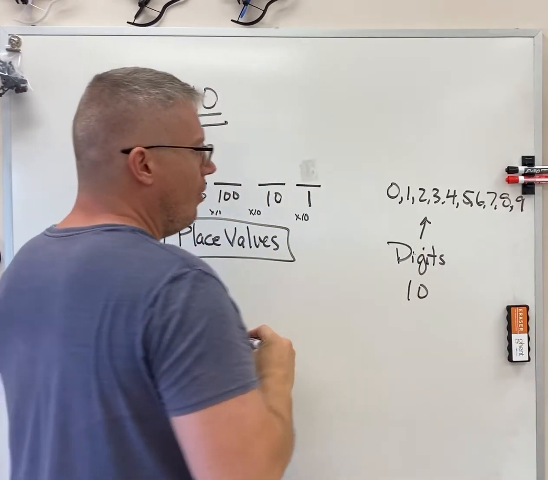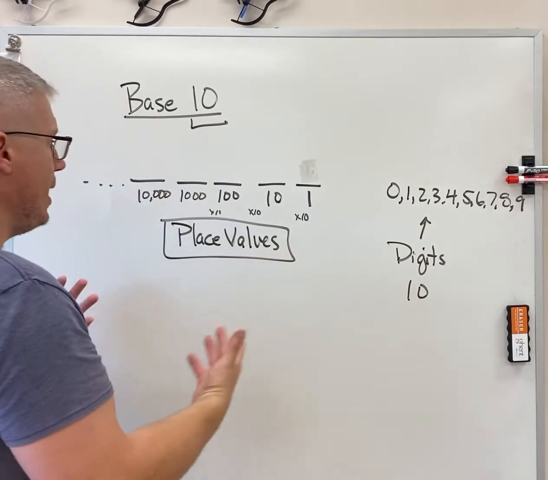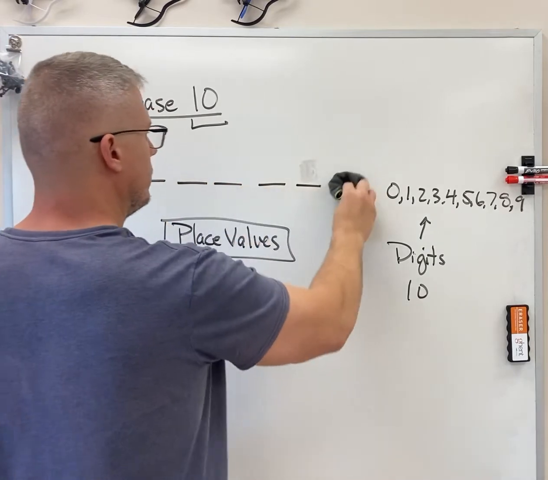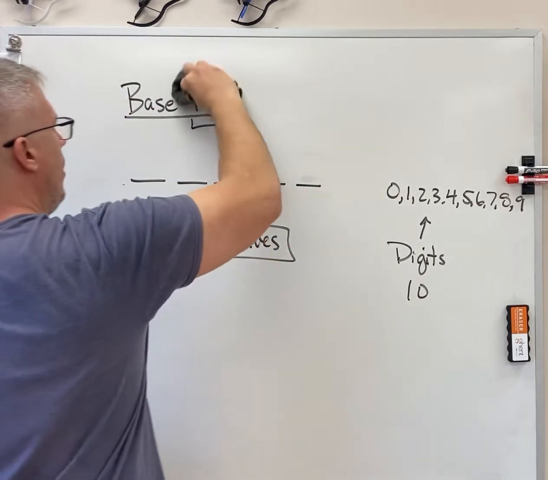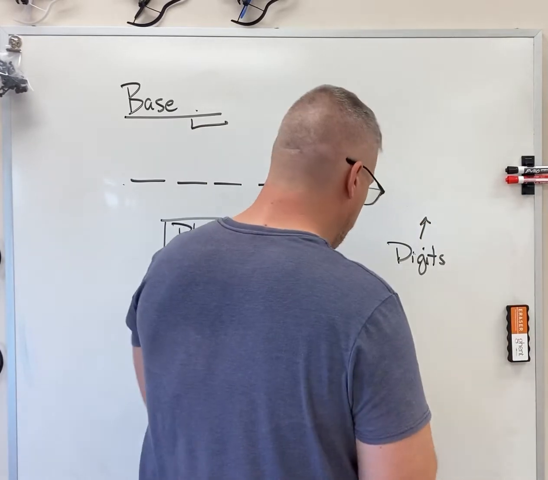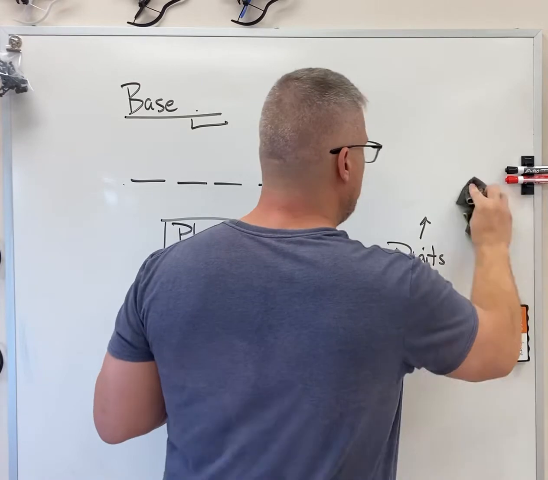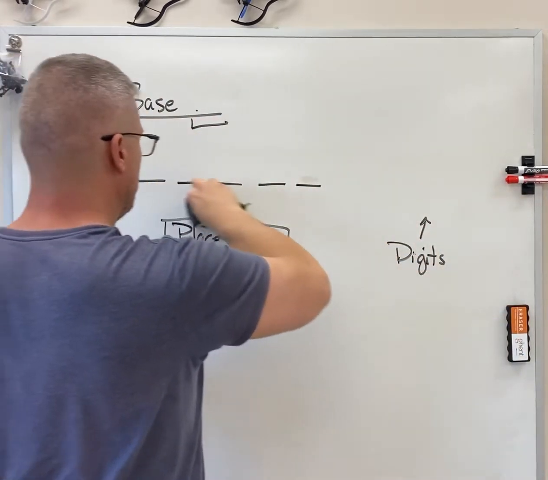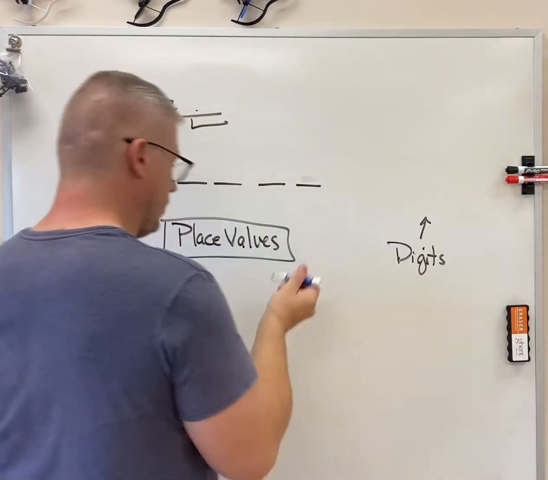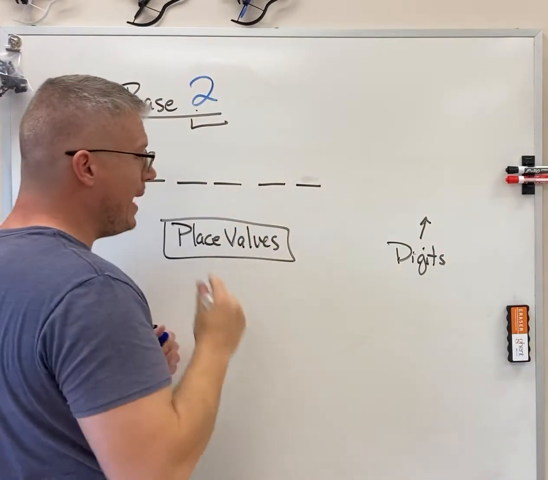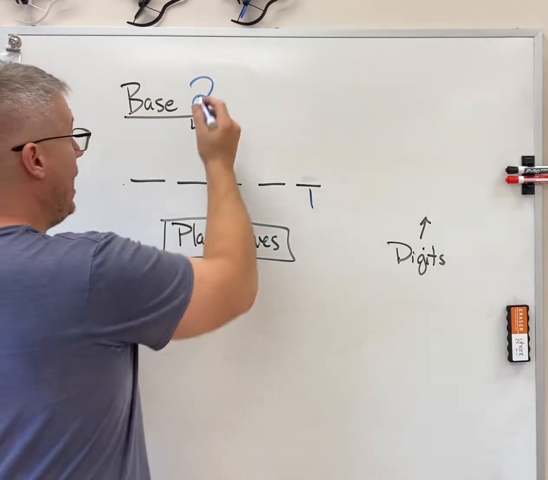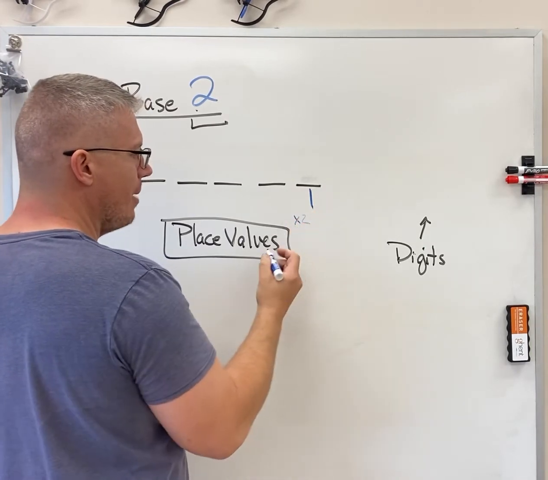So let's back all this up, following the same rules, and let's go to base 2. All the same rules apply, it just now changes out dealing with a base of 2. In base 2, we'll start with a place value of 1, and I multiply by the base every time to find my next place value.